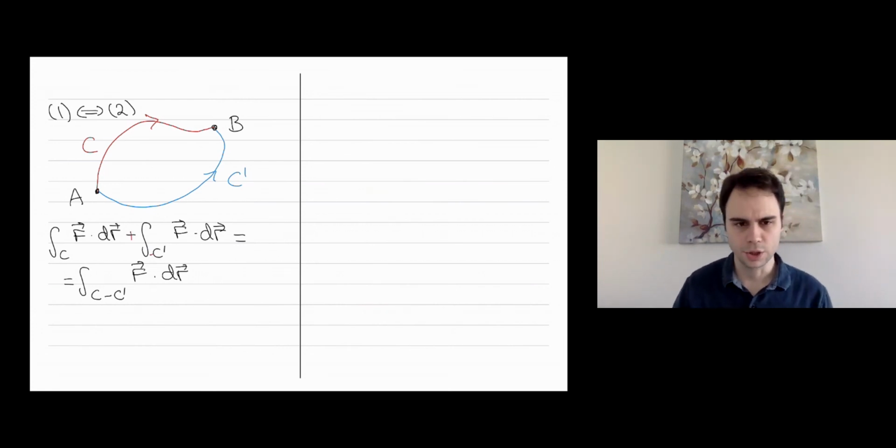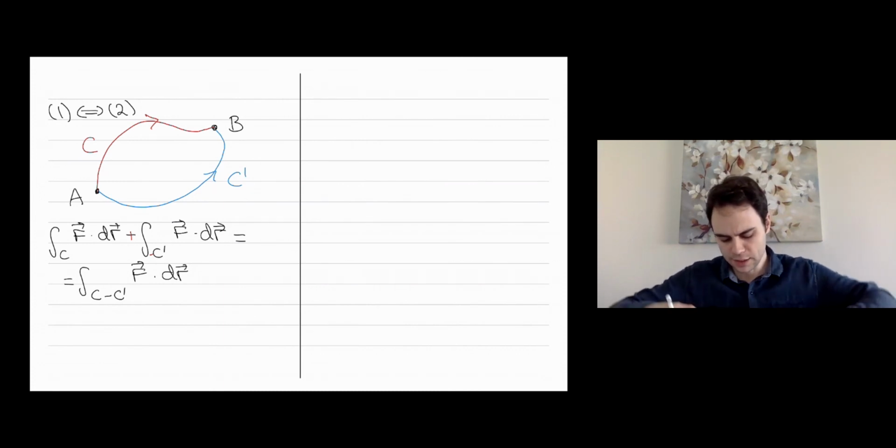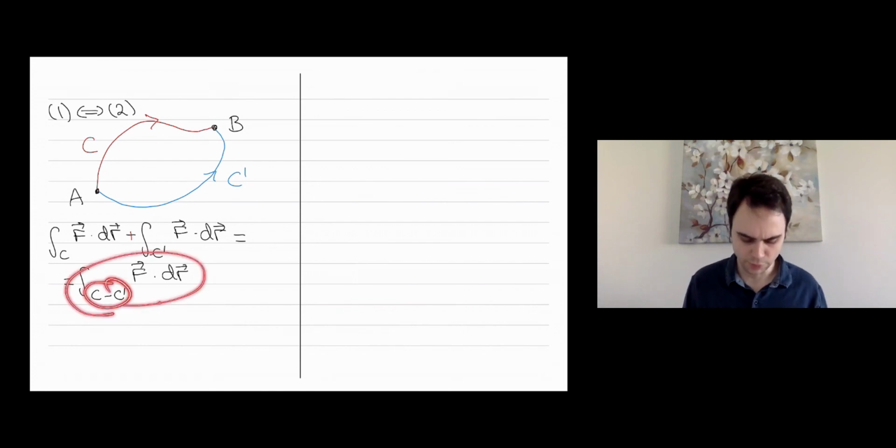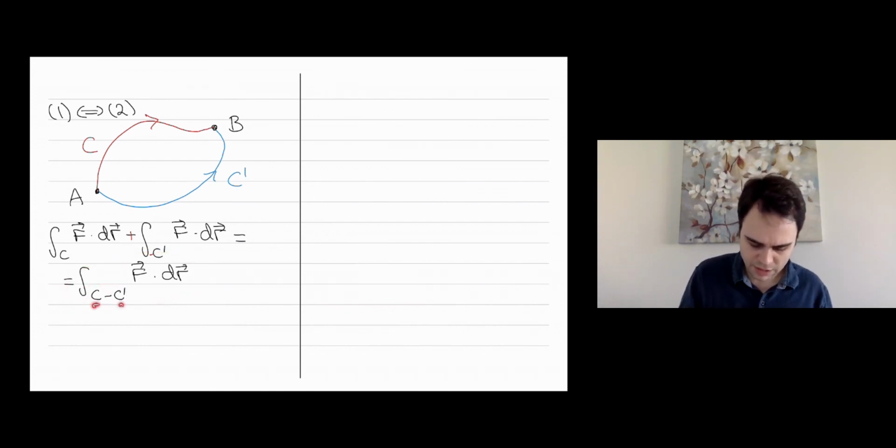By our earlier discussion of orientations, when I add two integrals over two curves, that's the same as doing just one integral over the union of both curves. Now C minus C prime is a curve that goes from here to here and then comes back along minus C prime back to A. So this is a loop.